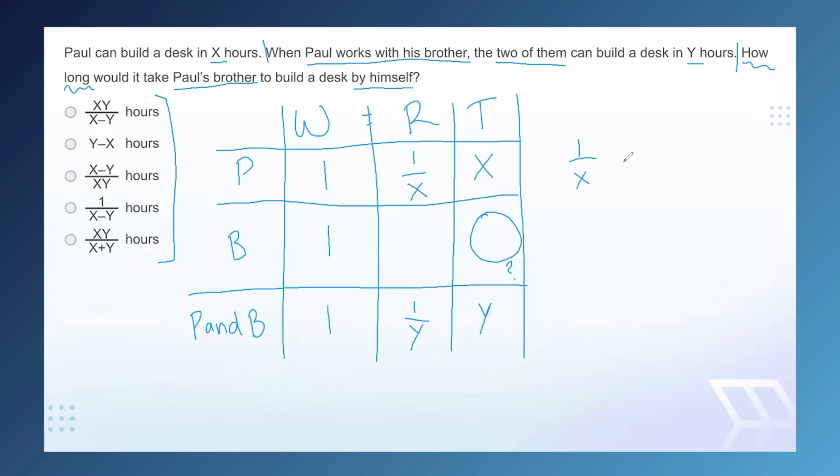So we have 1 over X plus our unknown rate of B equals 1 over Y, or our combined rate.